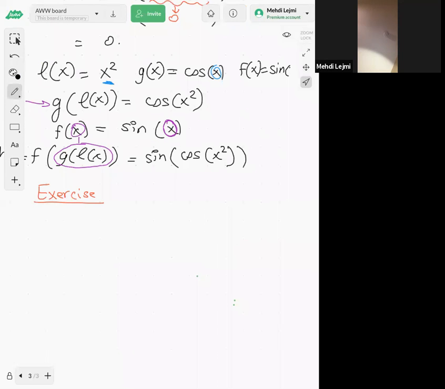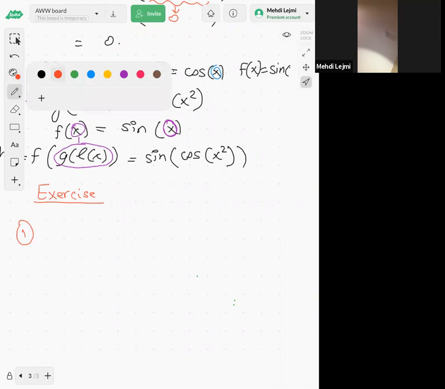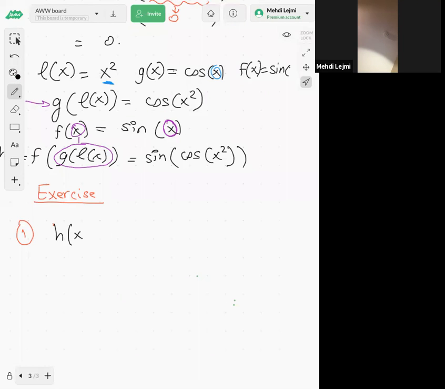Number 1: let's say h of x is equal to log of sine square of x, right?